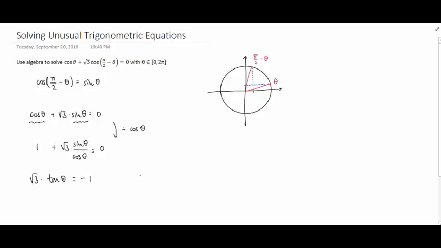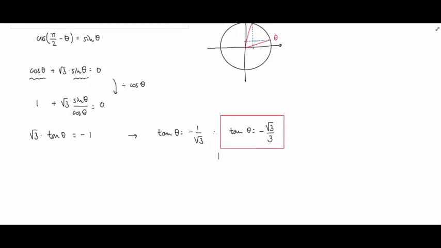Okay, which of course translates through to tan theta equals negative 1 over root 3, and that can be rationalised to negative root 3 on 3. And there we have a very easy to solve trig equation. Okay, so let's solve this equation using the usual technique.